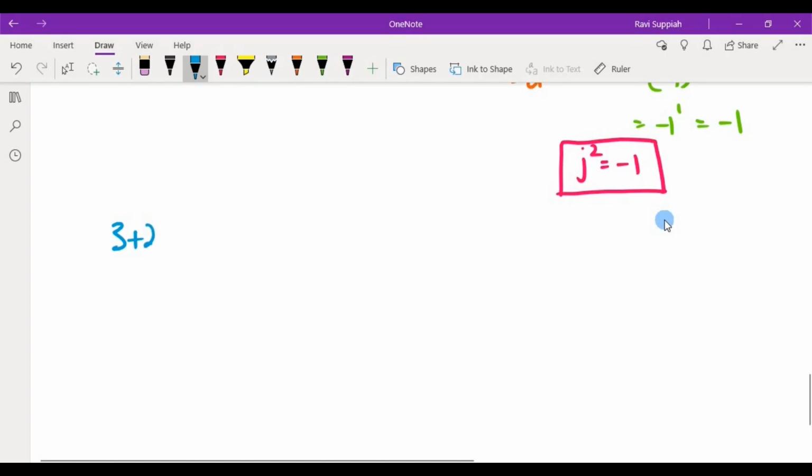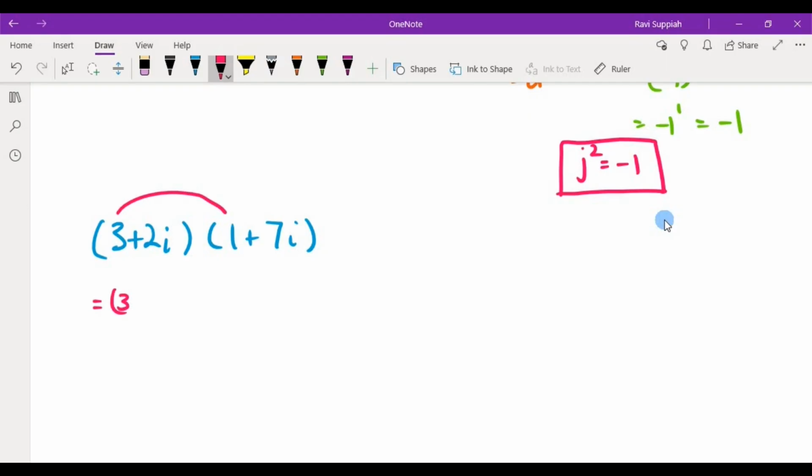Okay, so let's try this example here: 3 plus 2i multiplied by 1 plus 7i. We're going to do the same approach and expand.